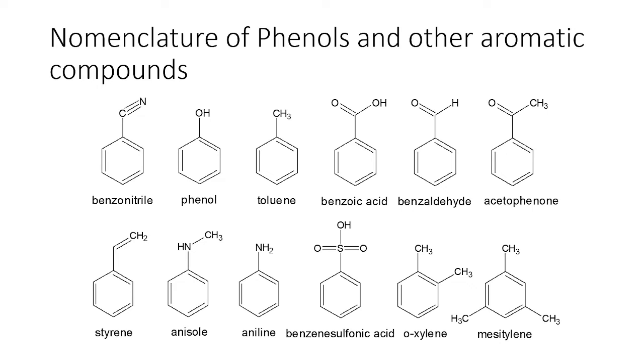So we have here benzonitrile, or benzene ring with a cyano group attached into it, or that has a cyano substituent. We have here our phenol, our toluene, benzoic acid, benzaldehyde, acetophenone. We also have here styrene, anisole, aniline, benzenesulfonic acid. We also have here an ortho-xylene, and we have here a mesitylene.